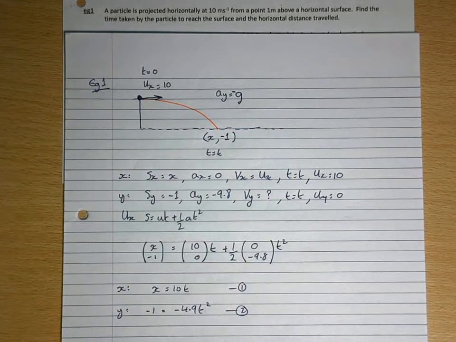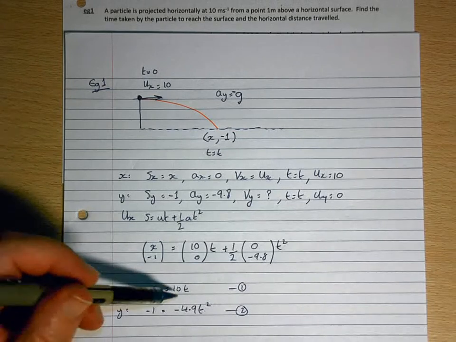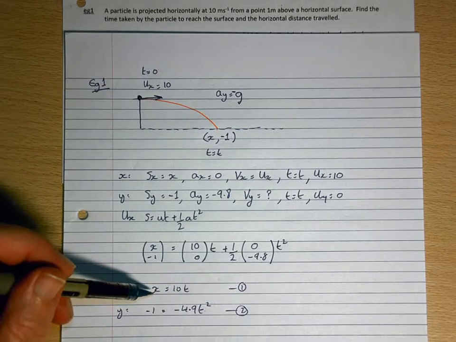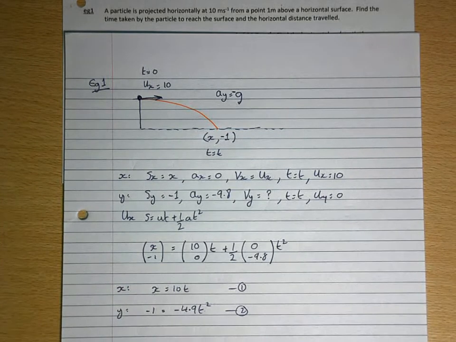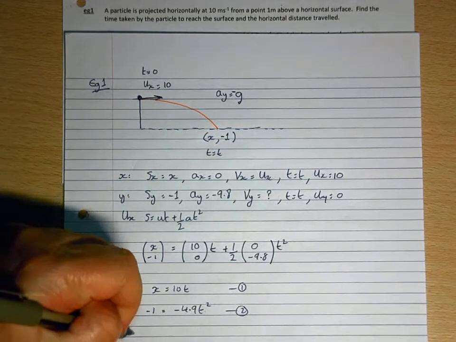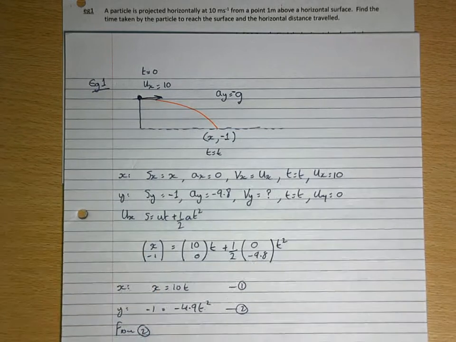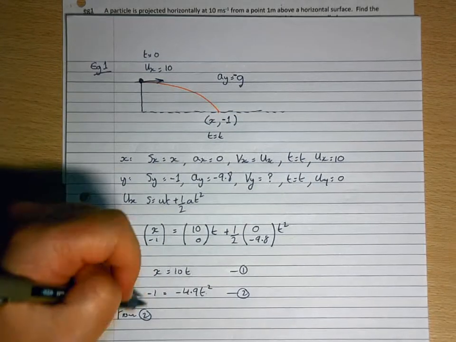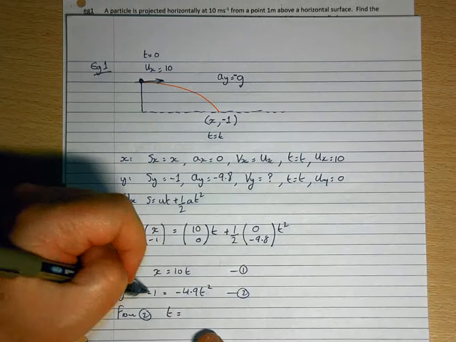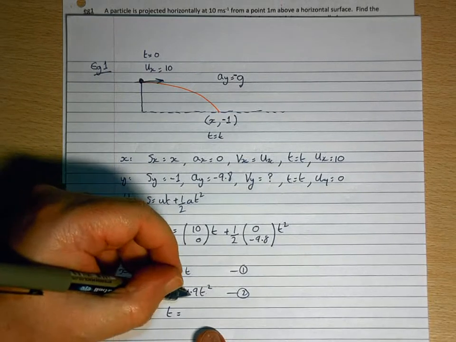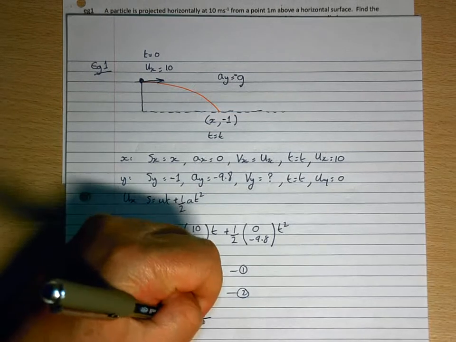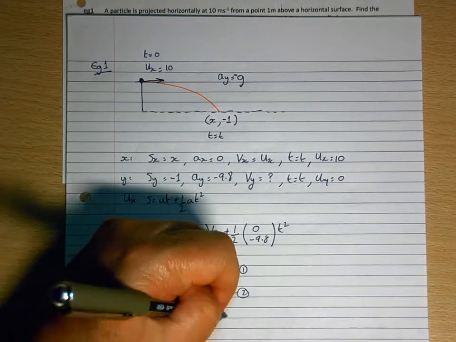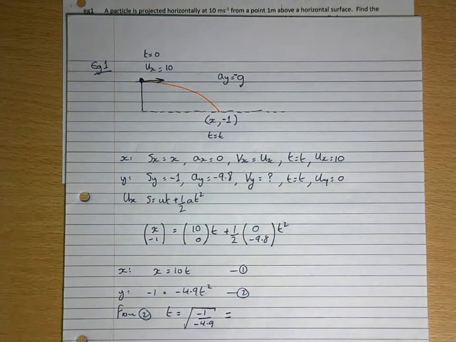So I have a pair of simultaneous equations which are straightforward to solve, because from equation 2 we get t is going to be the square root of minus 1 divided by minus 4.9.